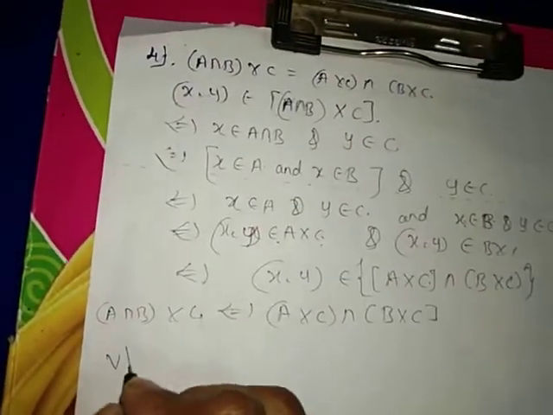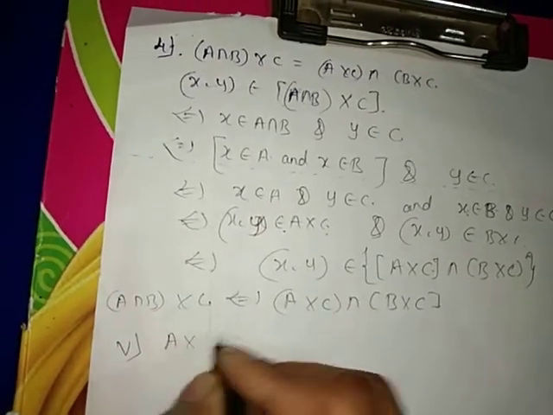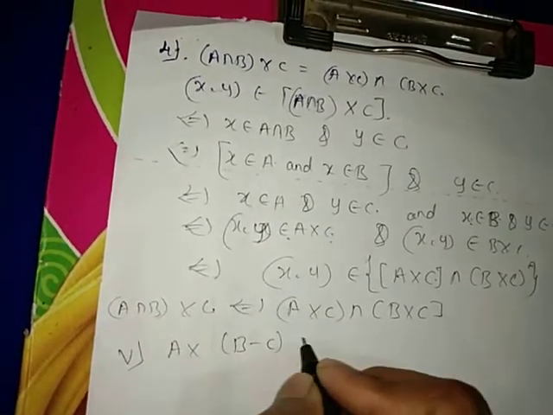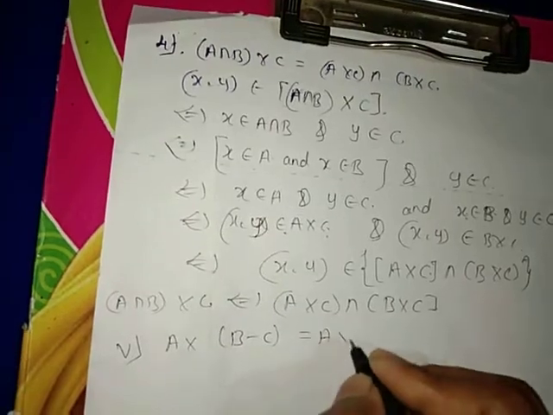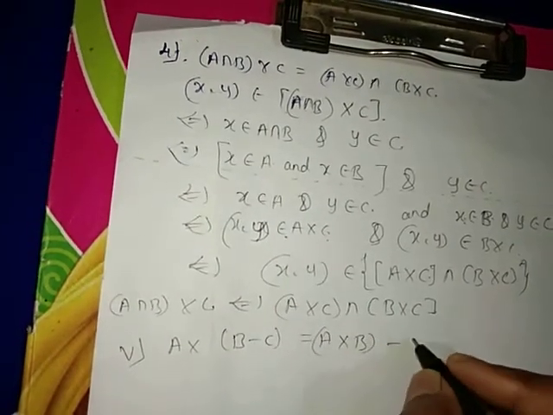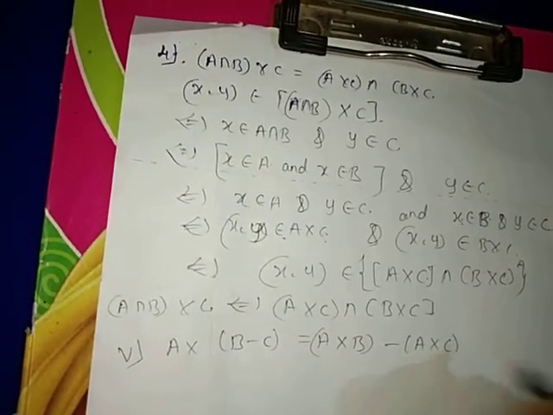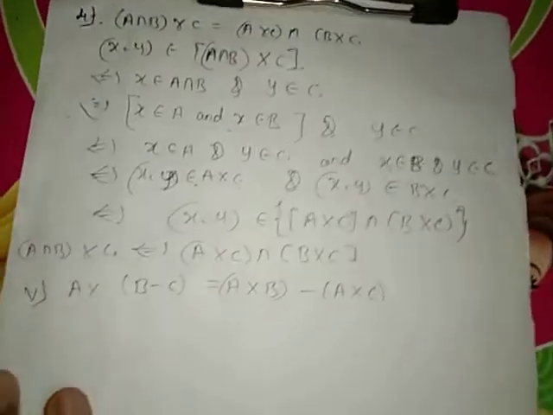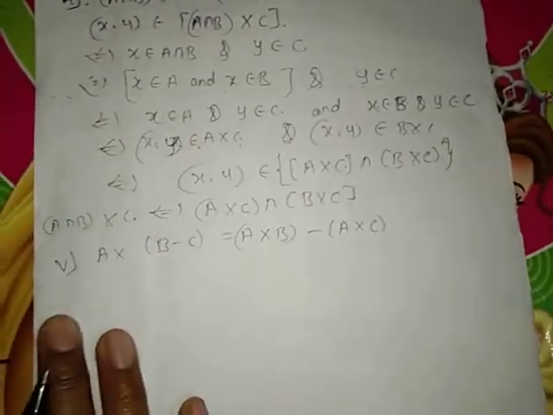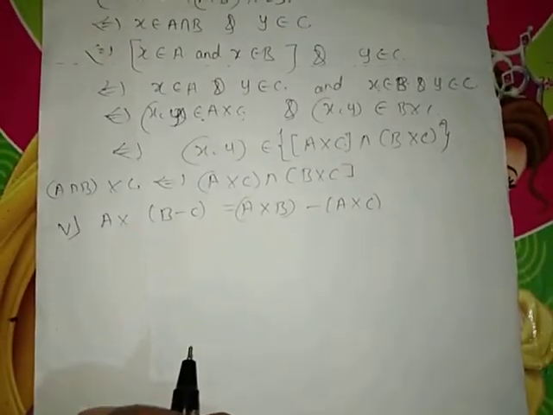And the fourth one is A cross of B minus C is equal to A cross of B minus A cross of C. As we know that minus means subtraction of the sets.